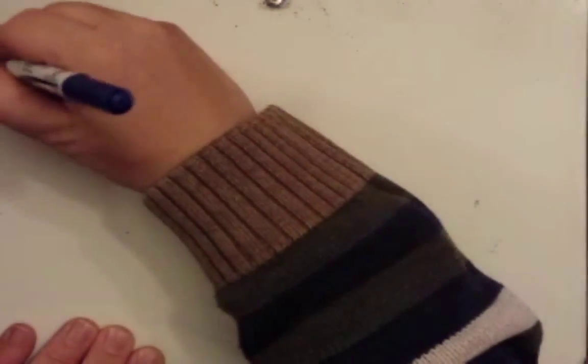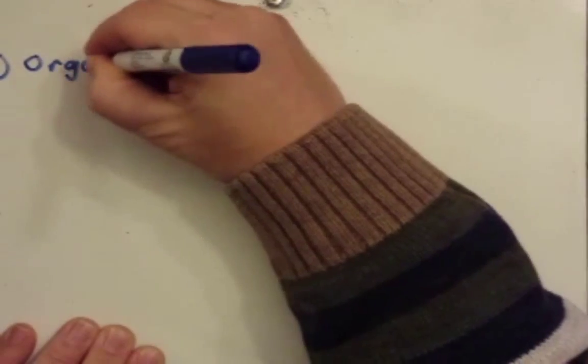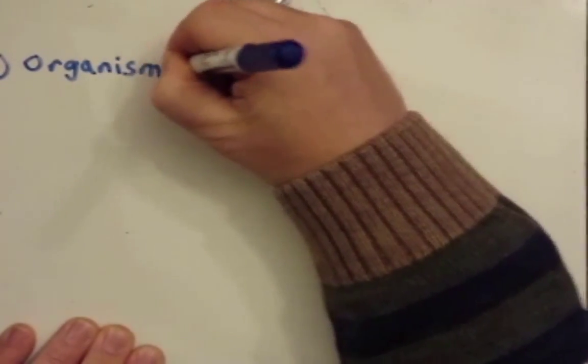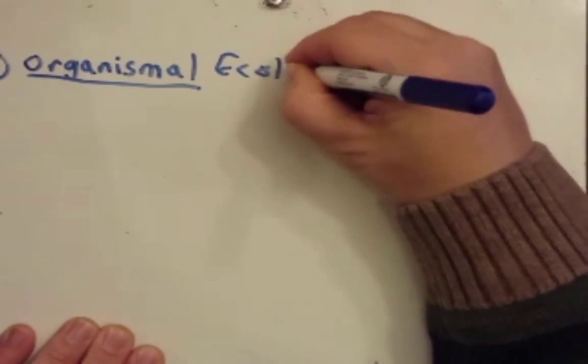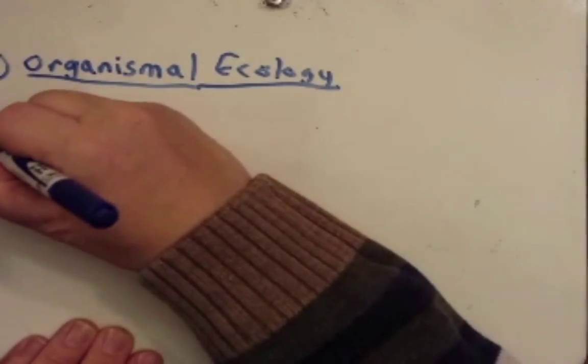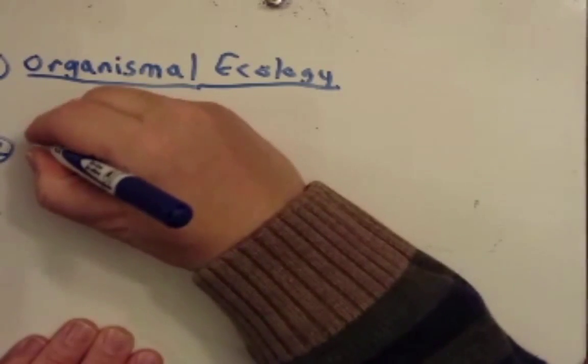Okay, next we want to talk about how we can break ecology down into four distinct fields. The first one is organismal ecology. The second one is population ecology.